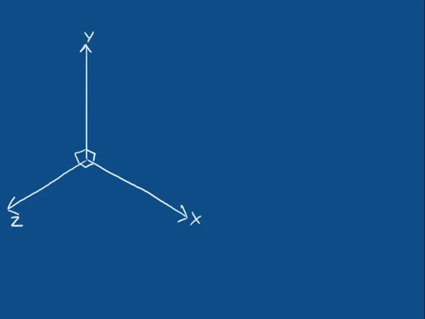So this is a 3D set of Cartesian axes, and we're going to create 2 points in this 3D space. I'm going to create a point down here, and let's create a point over here, and this is going to be the point x1, y1, z1, and this is going to be the point x2, y2, z2.